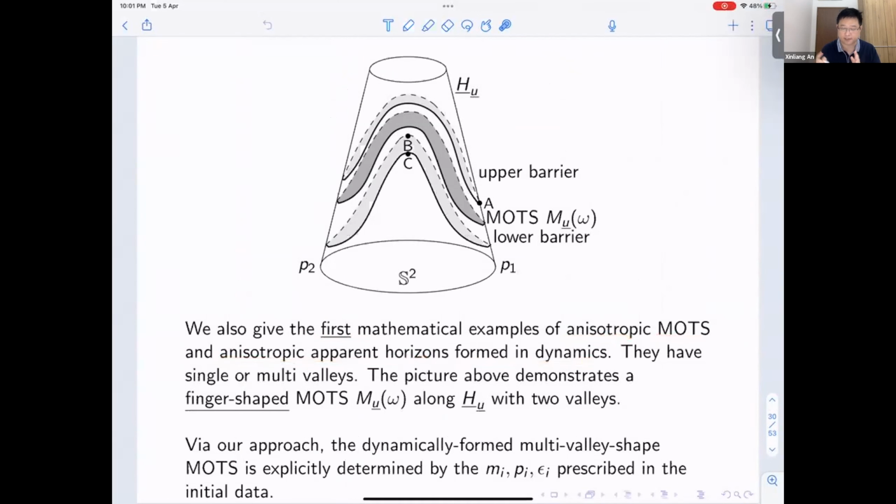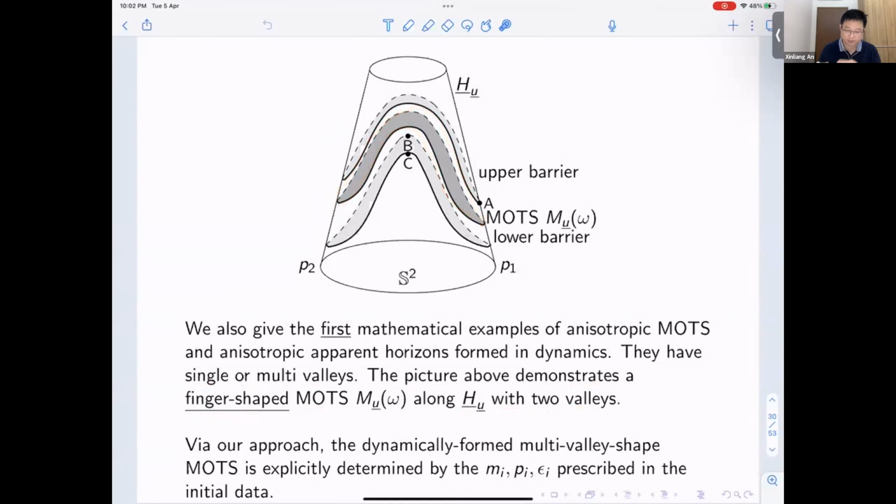We really prescribed the data from the non-trapped characteristic initial data. The shape of the molds formed will have single or multiple values. The picture above demonstrates, especially these two surfaces, a finger-shaped mold, which has two values. The two values are because we have these two lower points compared with the point here.